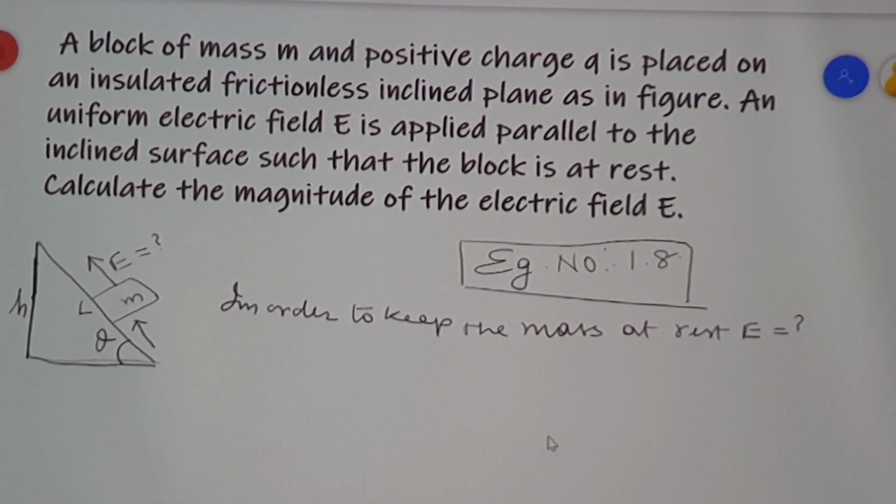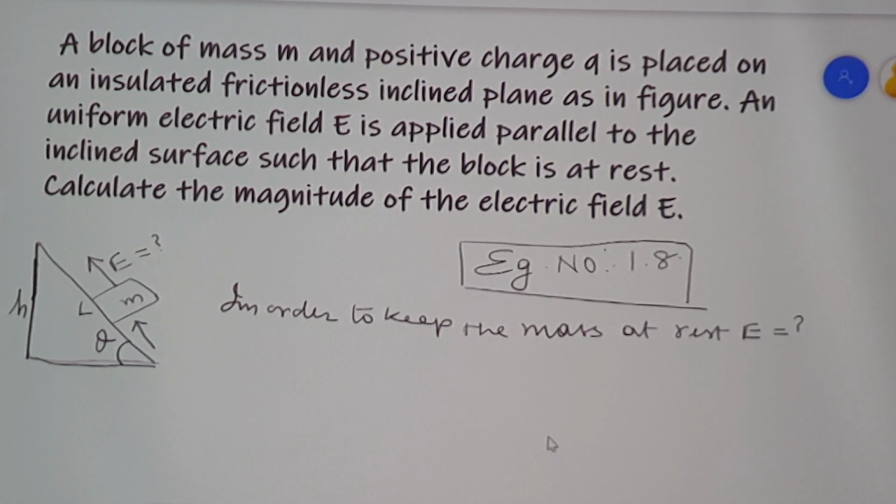The diagram was being given an inclined plane of height h, and the angle of inclination is theta. Length of the inclined plane is given as L. Over that, a body of mass m is being placed. Now, along the inclined plane, an electrical field E is applied.